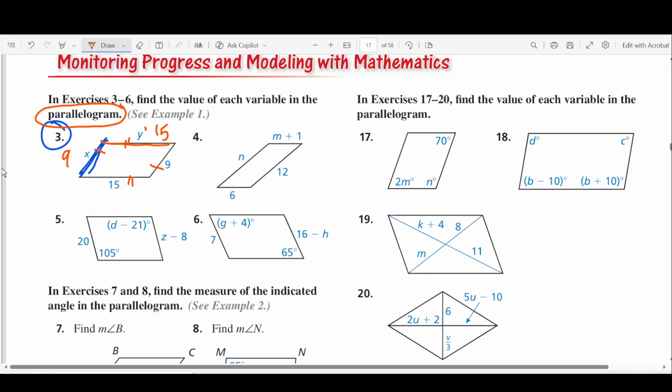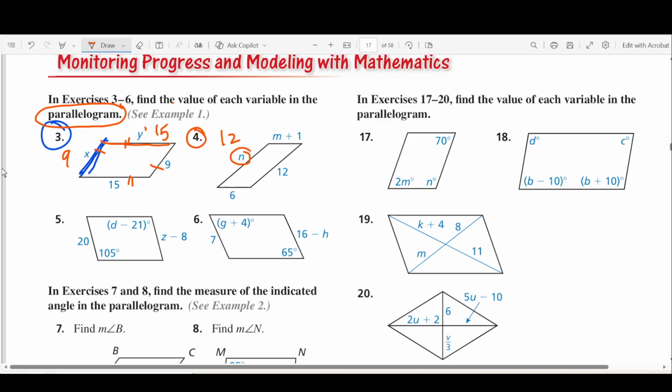Let's try number 4. What is the value of n? How much is n? 12.